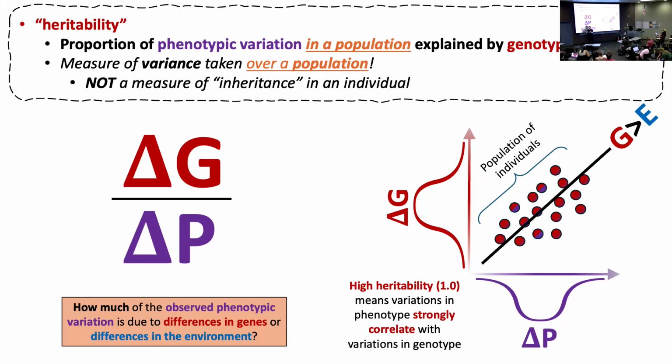So if you are talking about a certain trait or a certain character, you could say like aggressiveness. Aggressiveness might be heritable in one population. That would mean that if you look across that population, you can find some that have a gene and some that don't have a gene. And the ones that have that gene tend to be aggressive, and the ones that don't have that gene tend not to be. And so in that population, that is a highly heritable trait.